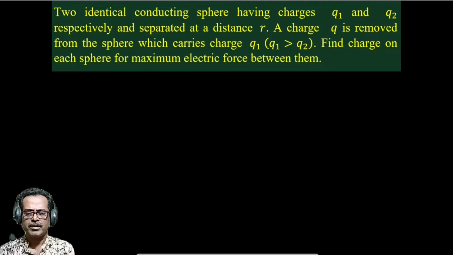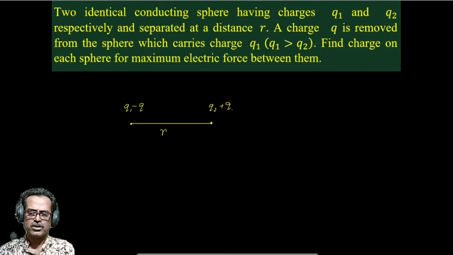Now, these are the two charges q1 and q2. If we transfer q charge from this point to this point, then the charge will be q1 minus q and this will be q2 plus q. For what value of q can we get the maximum force of repulsion? They are separated by the distance r.